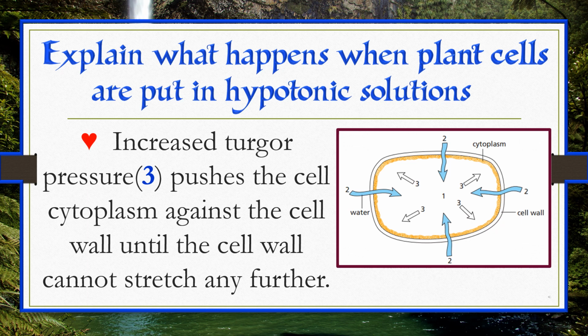The increased turgor pressure, which is shown by arrow 3, pushes the cytoplasm against the cell wall until the cell wall cannot stretch any further. That pressure, caused by the increase in volume of the vacuole, pushes the cytoplasm against the cell wall until the cell wall cannot stretch any further.